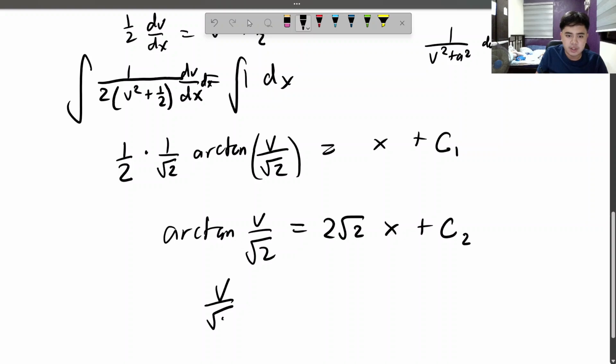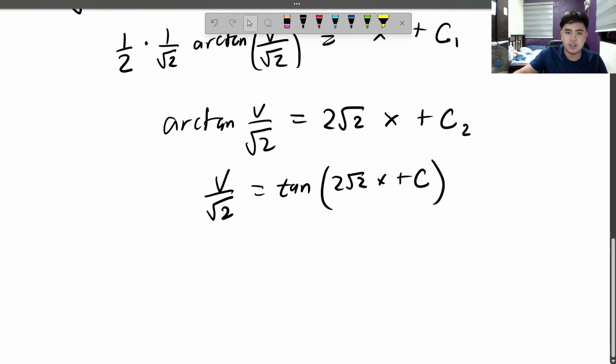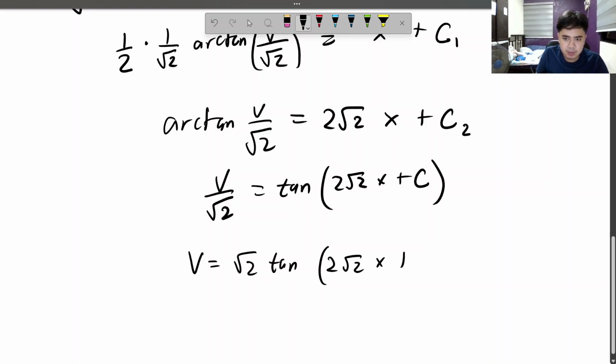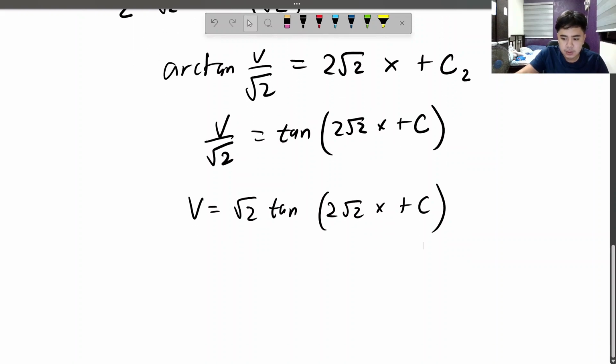We get v over square root of 2 equal to tangent of 2 square root of 2 x plus c. C2 is just a constant, so we can label it as c. Isolate v for now, so v equals square root of 2 tangent of 2 square root of 2x plus c. And we know v is equal to x plus 2y.